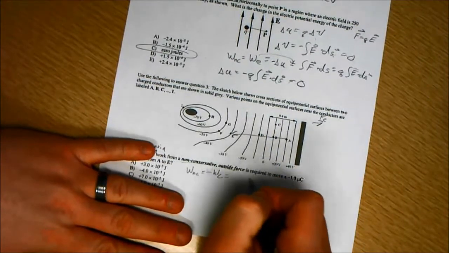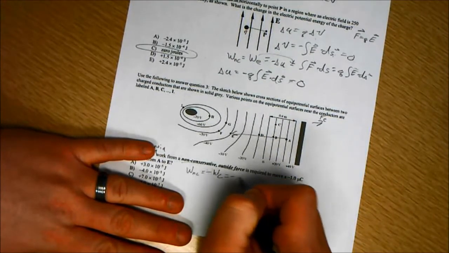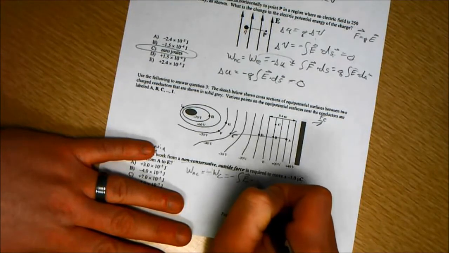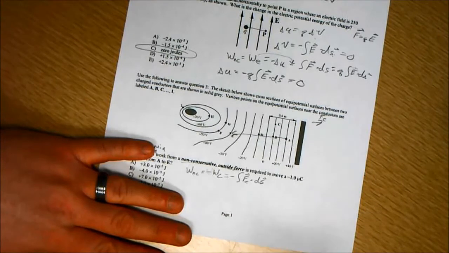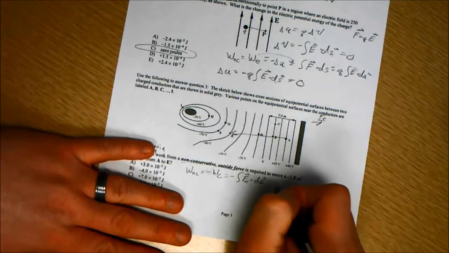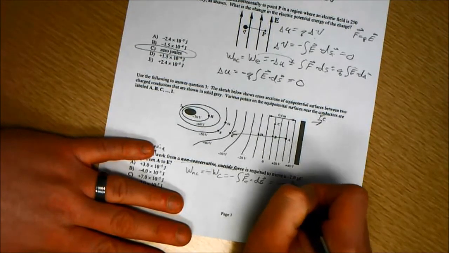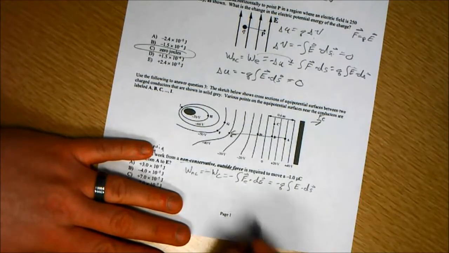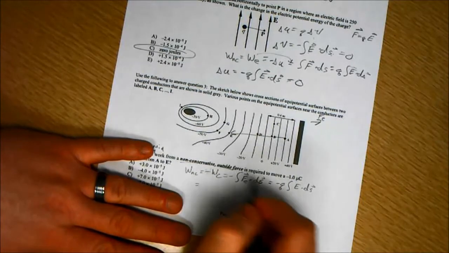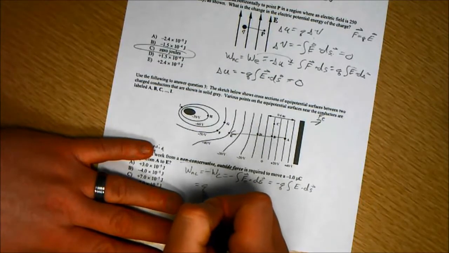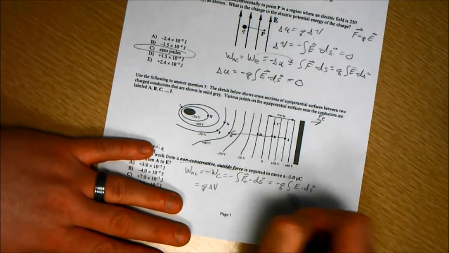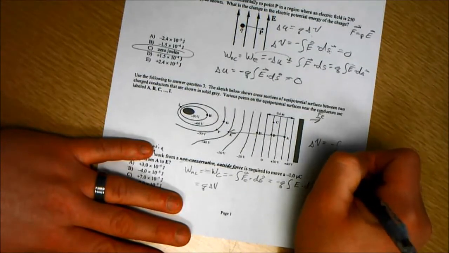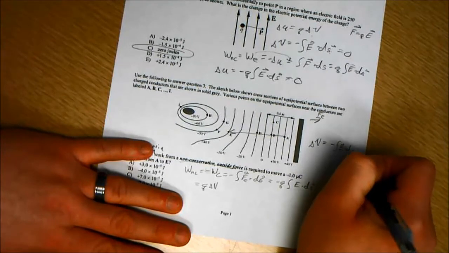So that is just going to be negative Fe dot ds, right? Which is negative Q E dot ds. Okay, so this work now is equal to Q delta V, because remember, delta V is defined as negative E dot ds.